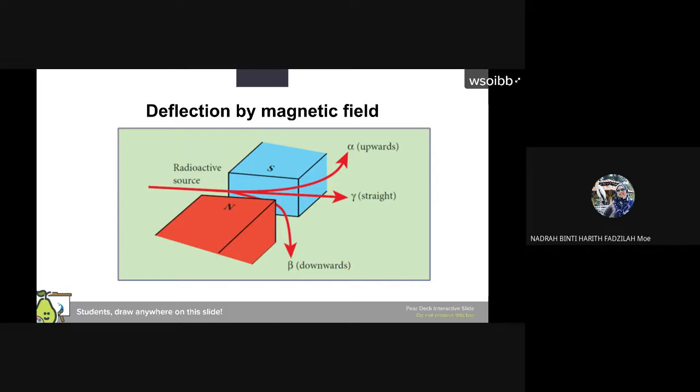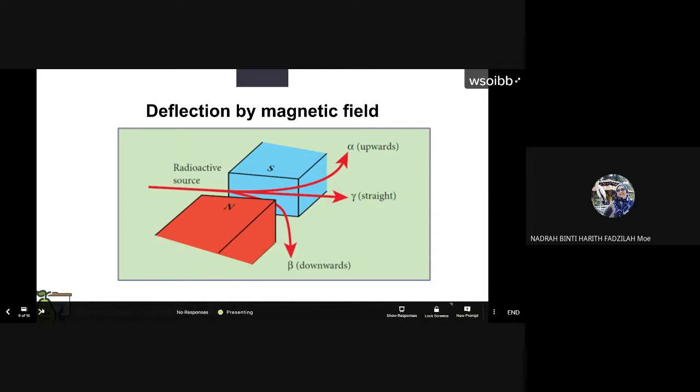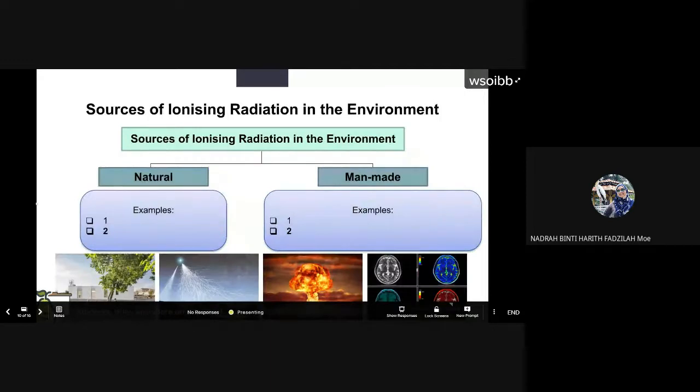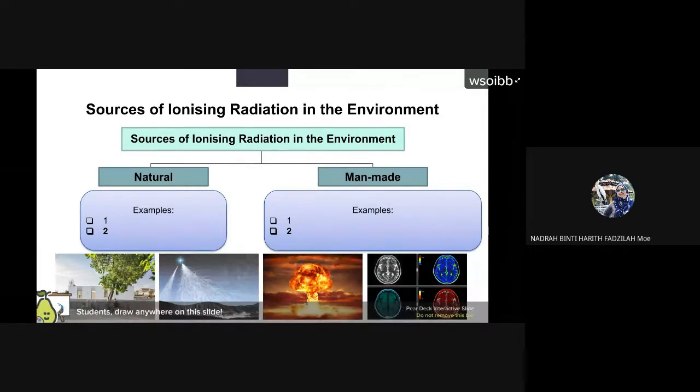Now we have looked at six characteristics of ionizing radiation. So let's take a look at this particular slide discussing sources of ionizing radiation in the environment.